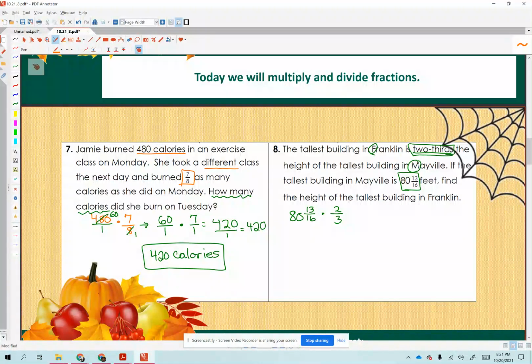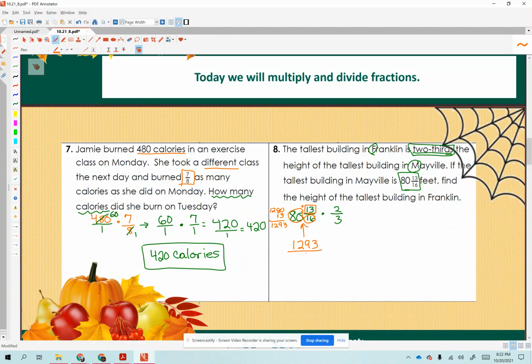So 80 times 16 equals 1,280. So 80 times 16 is 1,280. And then we still need to add the numerator of 13, which will give us 1,293.